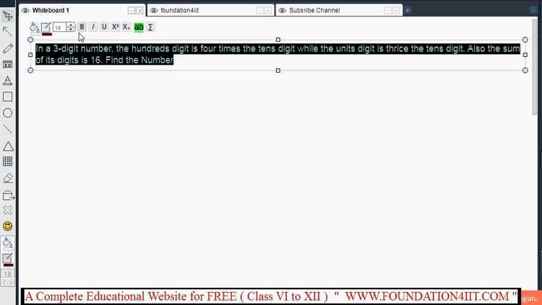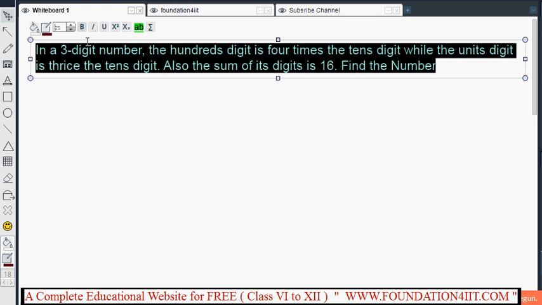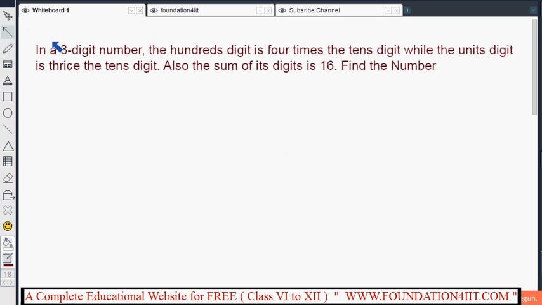So two conditions, total three conditions. There is a three-digit number. The hundreds digit is four times the tens digit, and the units digit is thrice the tens digit. These two conditions depend on the tens digit only. The hundreds digit is four times the tens digit, and the units digit is also three times the tens digit.